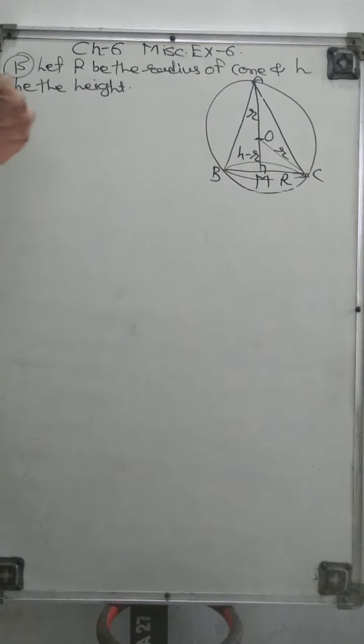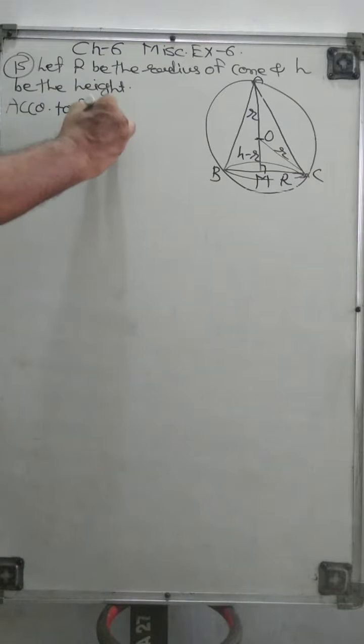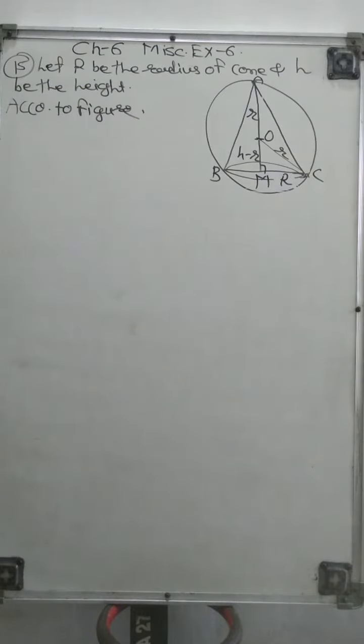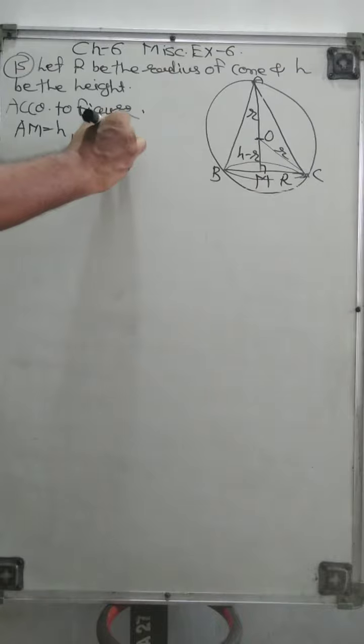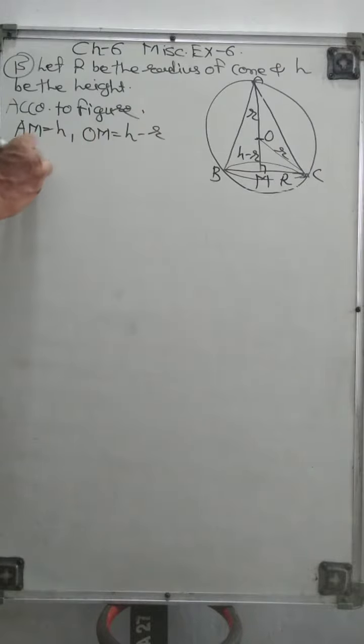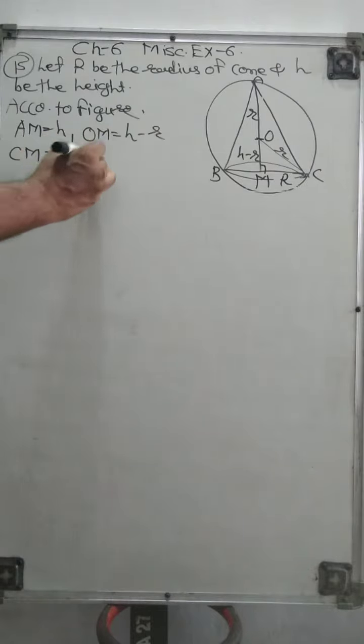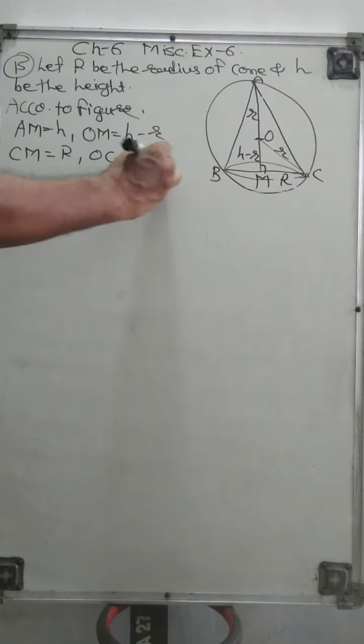So according to the figure, AM is equal to h, OM is equal to h minus r, CM is capital R, and OC is r.